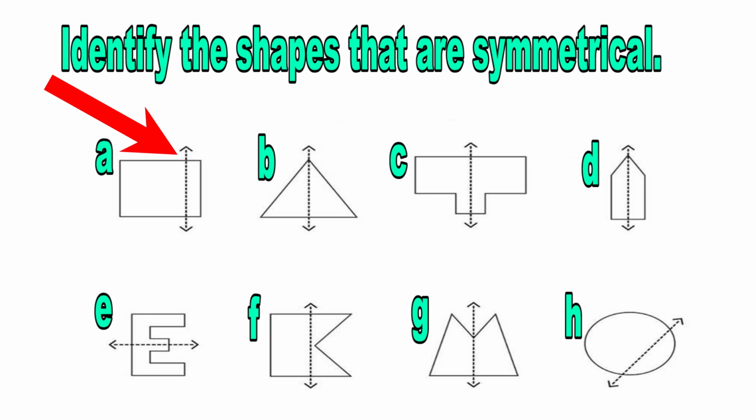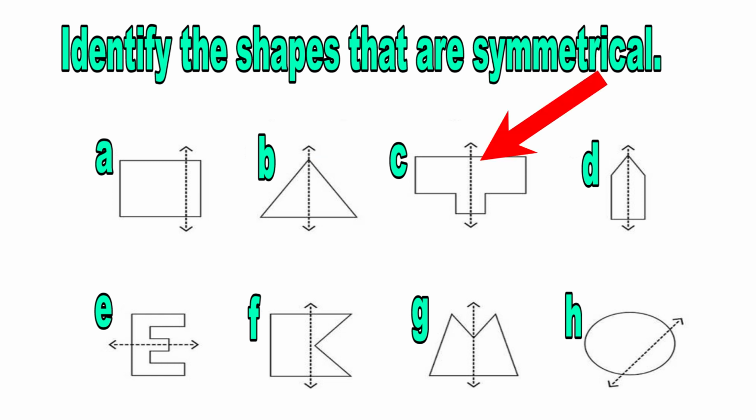A has a line, but that line does not make the shape have two identical halves, so that is not symmetrical. Now shape B, which is a triangle, has a line going straight down the middle, so there's one part and another part, and if you notice, both parts are identical. Okay, they're identical.